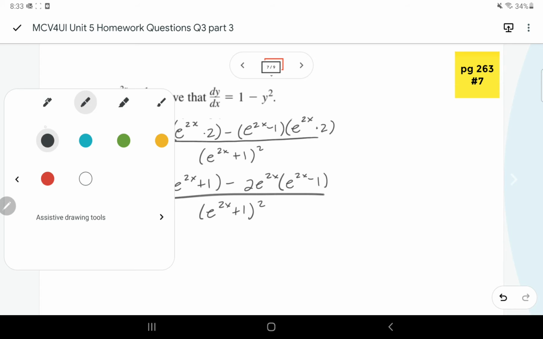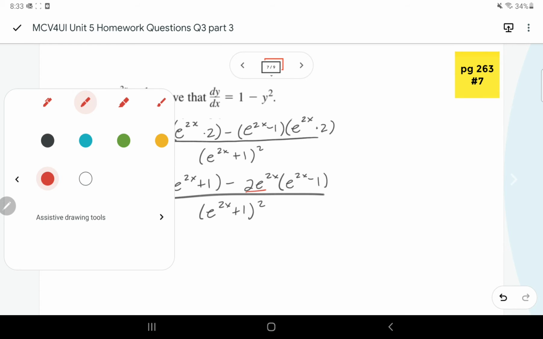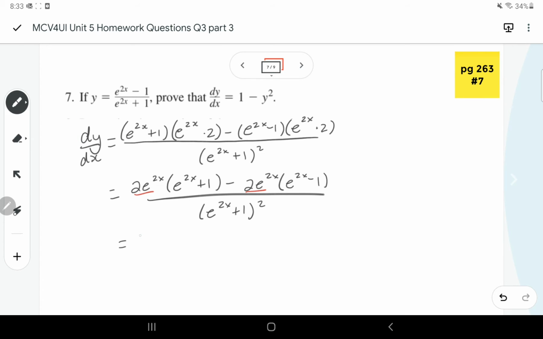So I have this common factor in the numerator, so I'm going to pull that out, 2e to the 2x, and I'll have e to the 2x plus 1 minus e to the 2x minus 1 over e to the 2x plus 1 squared.